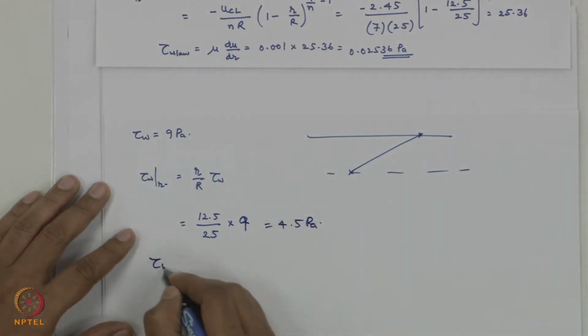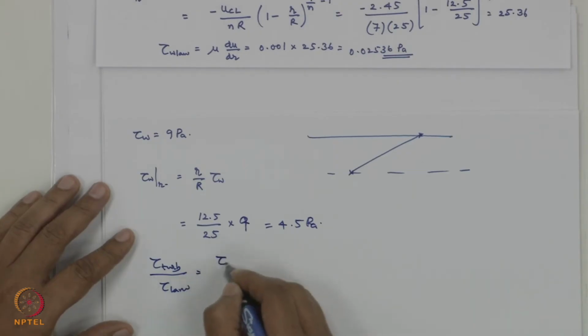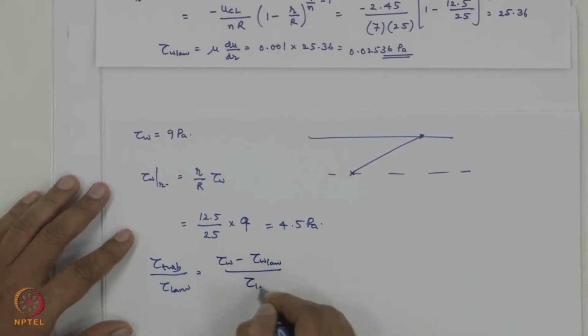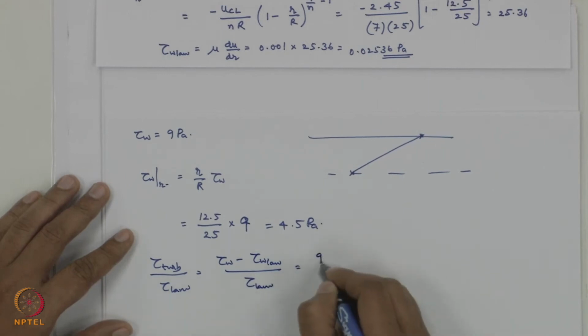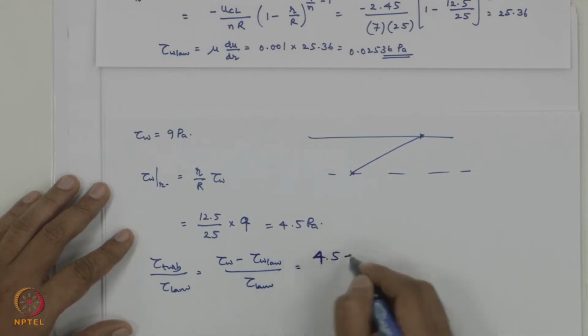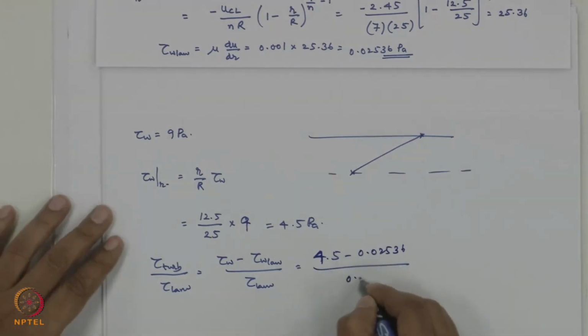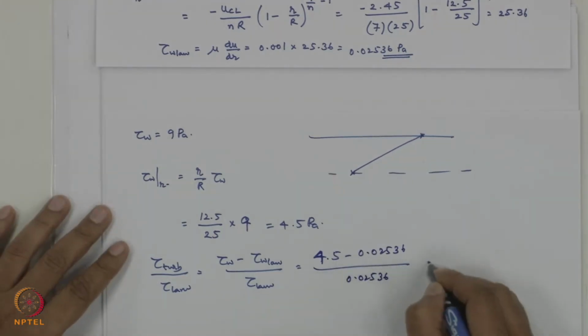So tau turbulent divided by tau laminar, if you have to compare, tau wall minus tau wall laminar upon tau wall laminar. If you take tau wall as 4.5 minus 0.02536 upon 0.02536, you get approximately 177.